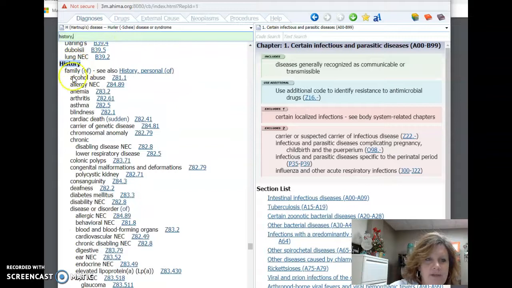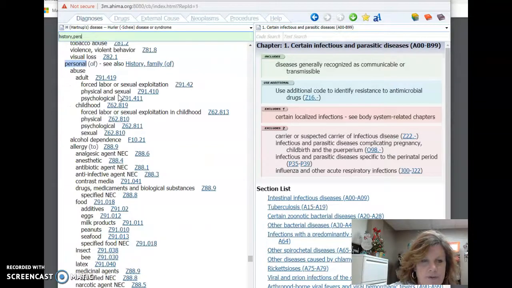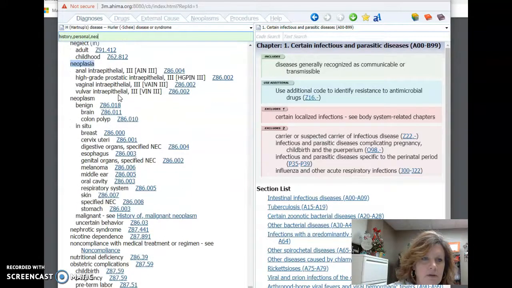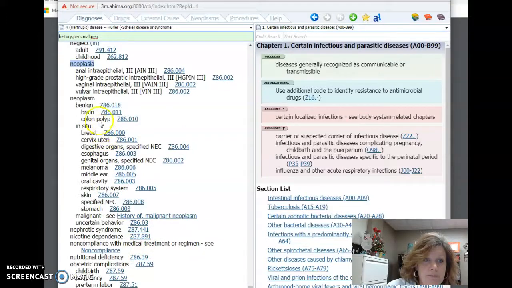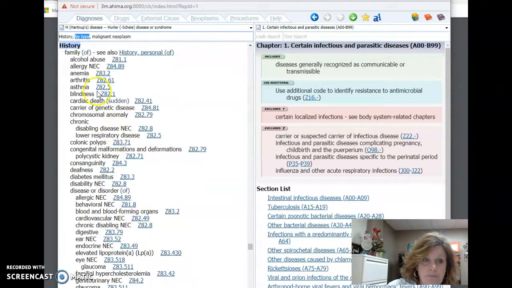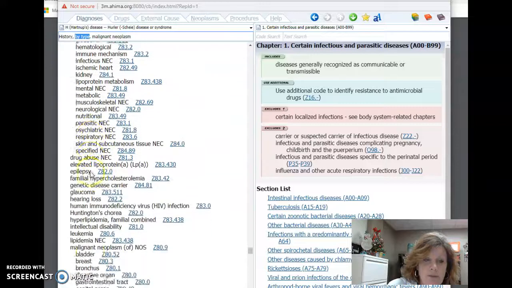And you can see here we have family history. I'm going to go personal. So then you're going to go history, personal. You're going to look for personal, and then I'm going to look for neoplasm. If I have a personal history of brain or benign brain, it just goes through in situ, and then if malignant, you're going to see history of malignant neoplasm, and that's family, but we want to go to personal.